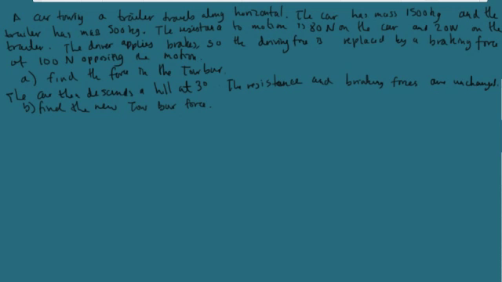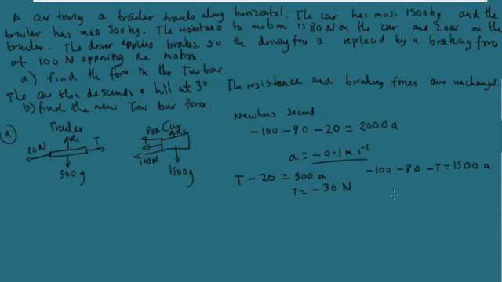Now I am going to clear that. So I'll just say tension is minus 30, therefore the force in the tow bar is a thrust of 30 newtons.